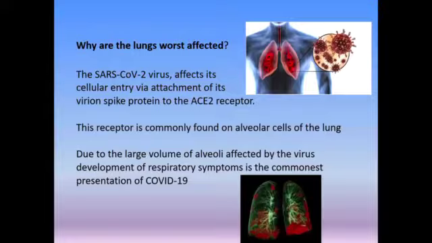Taking into account the large number of alveoli within each lung, the virus therefore gives serious effects to the lung. And therefore the respiratory system is the commonest affected and the commonest presentation in patients infected by COVID-19.